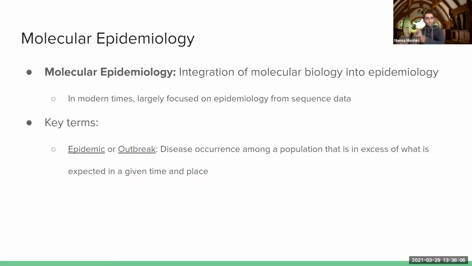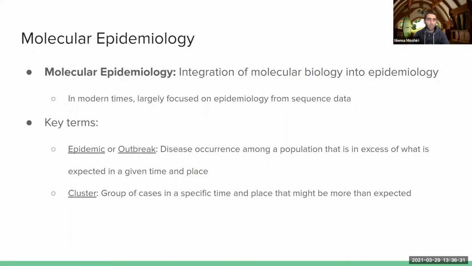So at a specific window of time, we expect that we're going to have some number of flu cases. An epidemic or an outbreak is specifically beyond what we were already expecting. Way more of that disease is happening in a given population. So it's specifically anything beyond the normative level that we would expect.